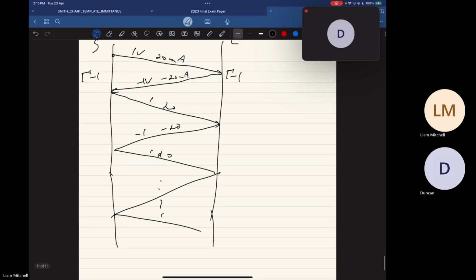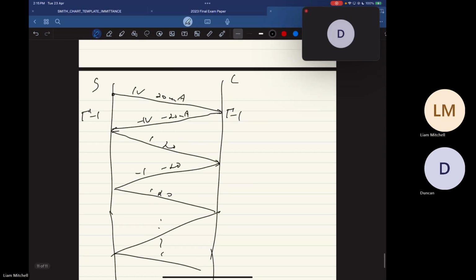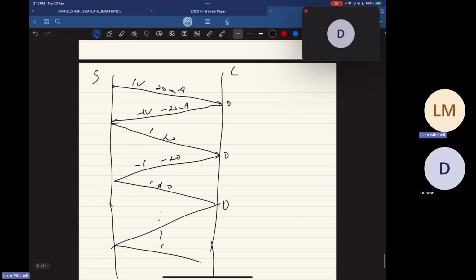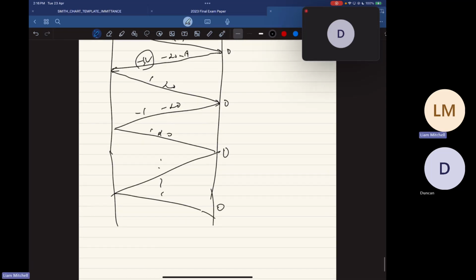to infinity. And if you try to find the voltage and current at each point on the load and on the source, here the voltage is 0, 0, 0, because it's 1 volt, -1 volt. It's this plus that. The voltages are always 0.